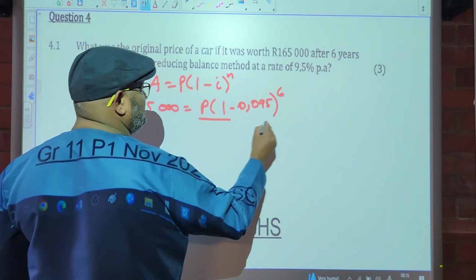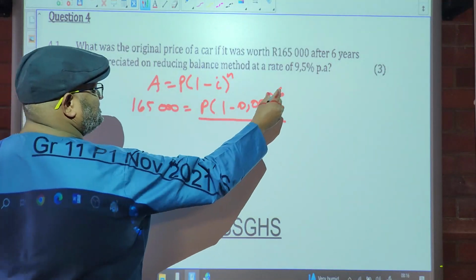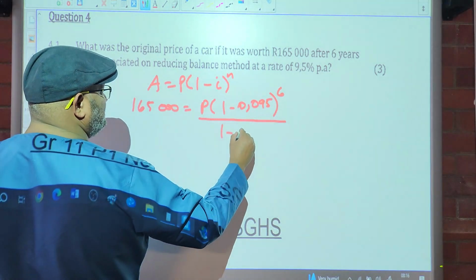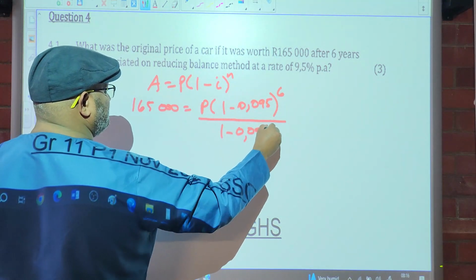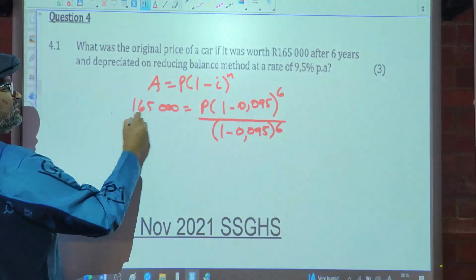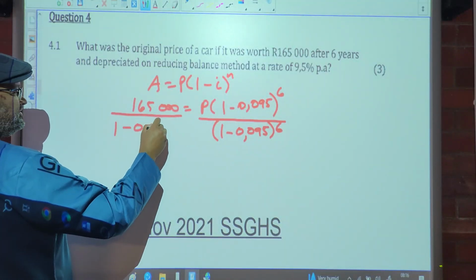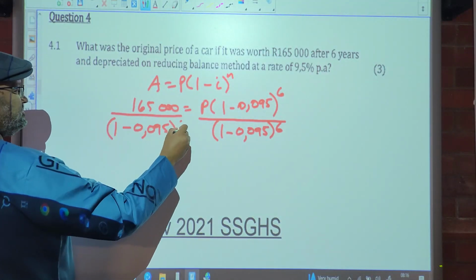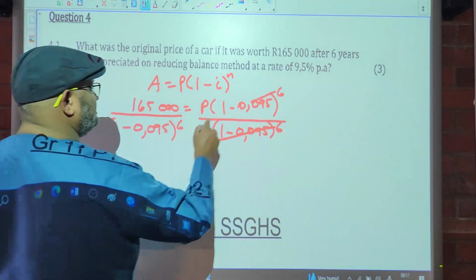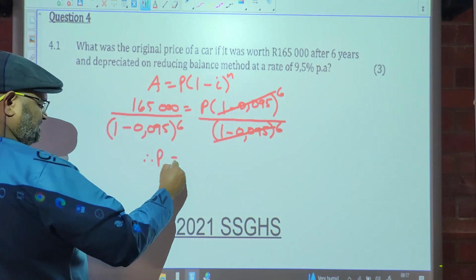And remember you want P on its own. So I divide both sides by 1 minus 0.095 to the exponent 6. This cancels, not so.